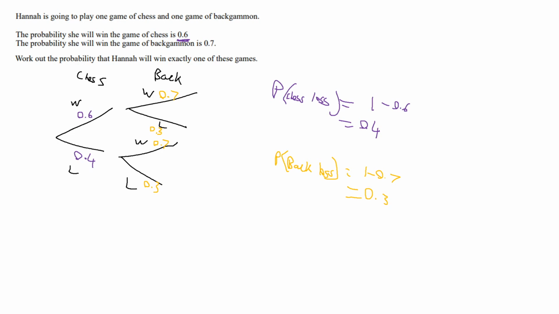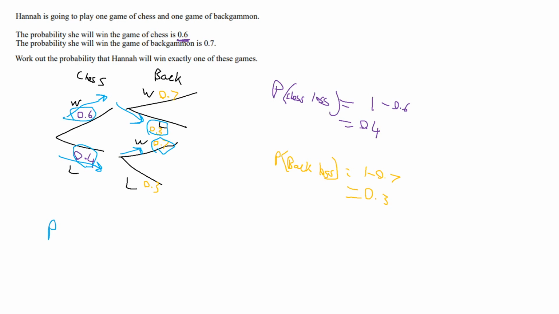So work out the probability that she wins exactly one of these games. Okay, what we can do is, again, use the probability tree. If she wins chess, it means she then has to lose backgammon, right? And if she loses at chess, it means she has to win at backgammon. So let's work out the probabilities of each of those two events happening.